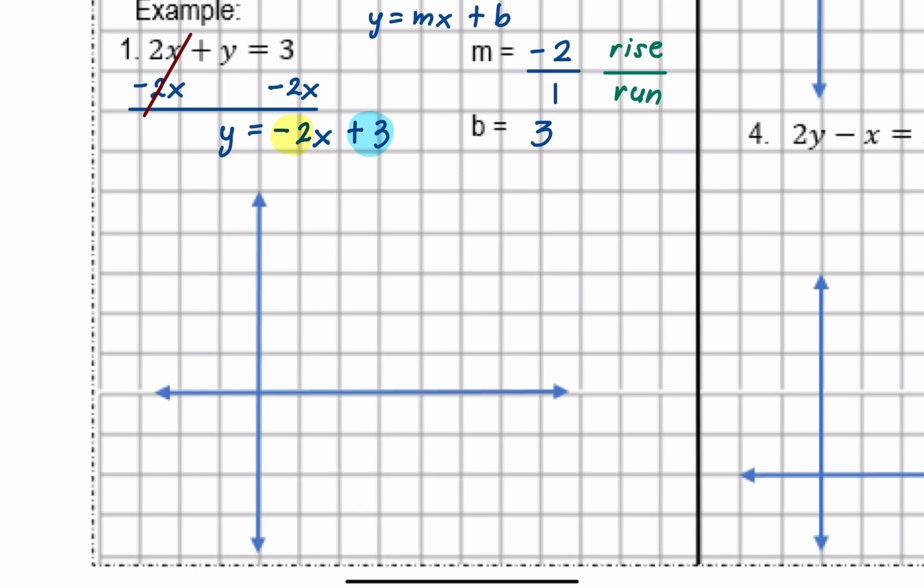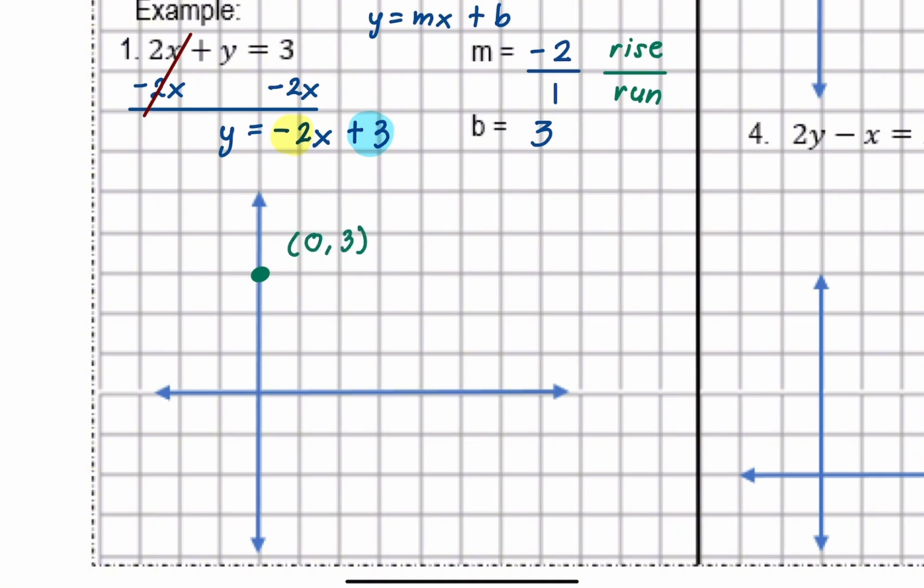So class, we start with y-intercept. Since our y-intercept is 3, we can find this at the y-axis. So 3 is here. So we have 1, 2, 3. So again, class, for y-intercept, x is always 0.